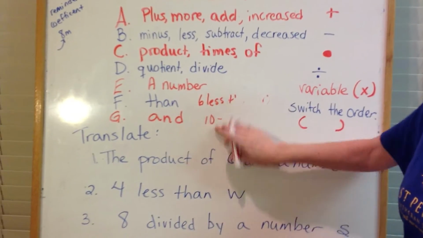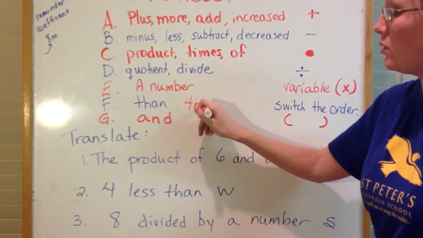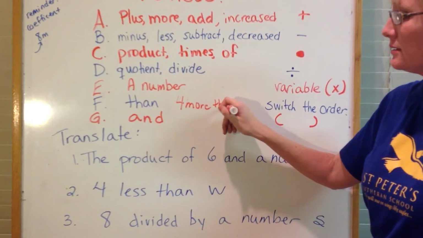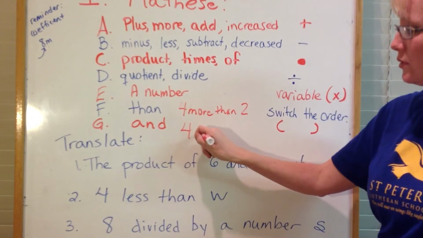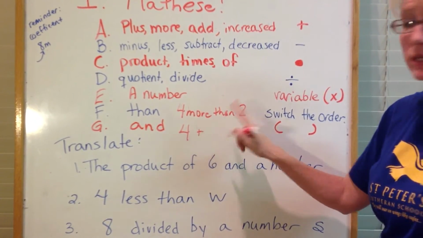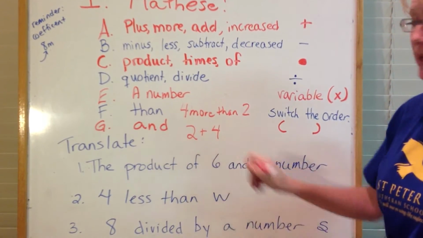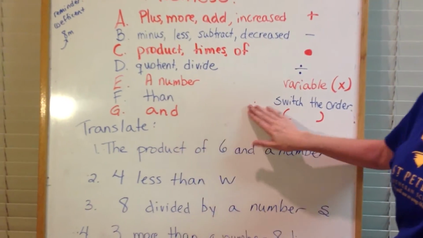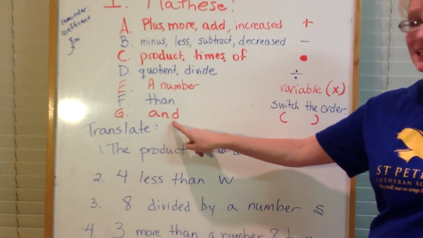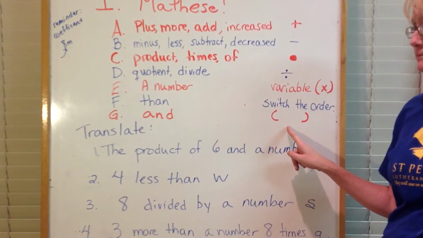Let's try that again. 4 more than 2. So we do 4 more than. Switch the order. And the last word to know is and. And means put parentheses around it.